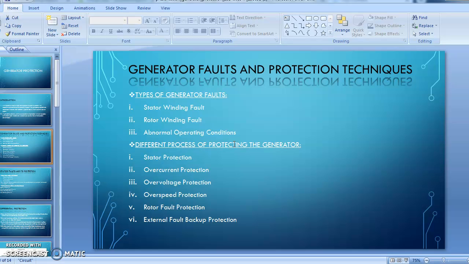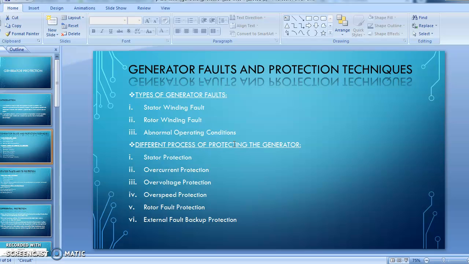The field failure may occur due to a faulty circuit breaker or failure of the exciter. When the generator loses its field excitation, it speeds up slightly and acts as an induction generator, not like a synchronous generator, because the coupling between the stator and rotor is already broken.